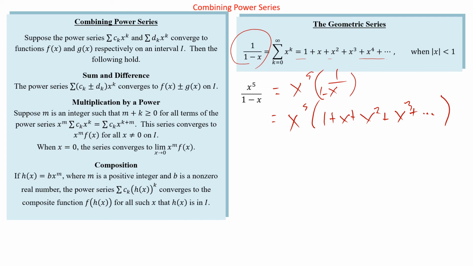Distribute the x to the fifth. x to the fifth plus x to the sixth plus x to the seventh plus x to the eighth plus dot dot dot, which will turn into a series, k equals 0 to infinity of x to the k plus 5.